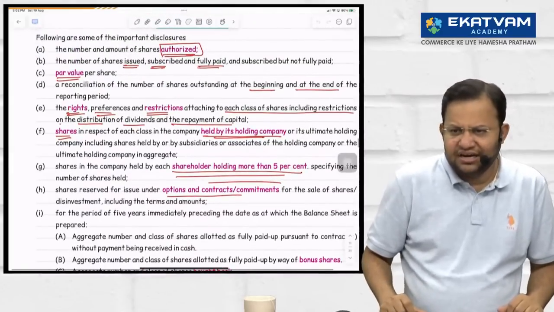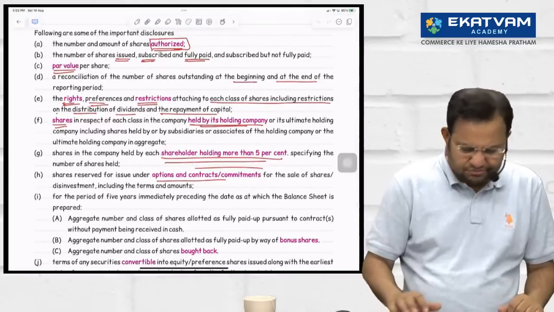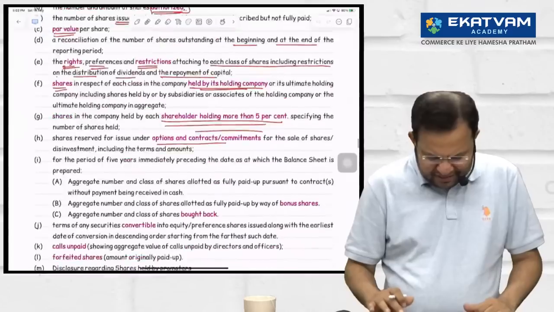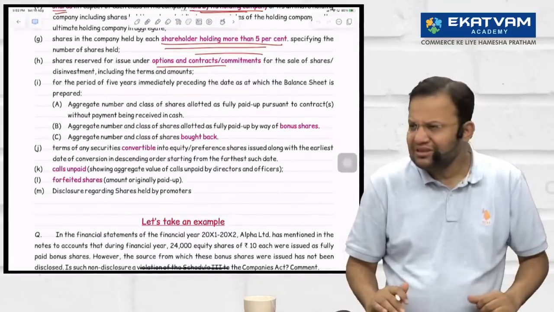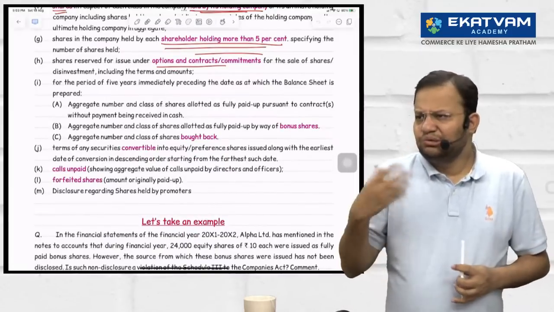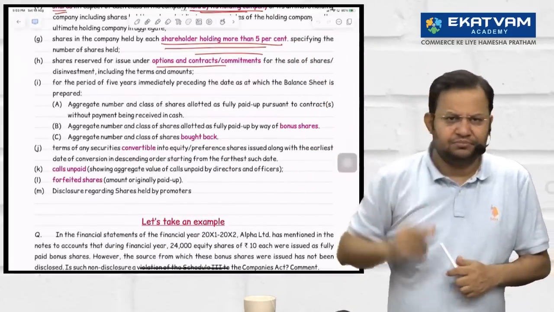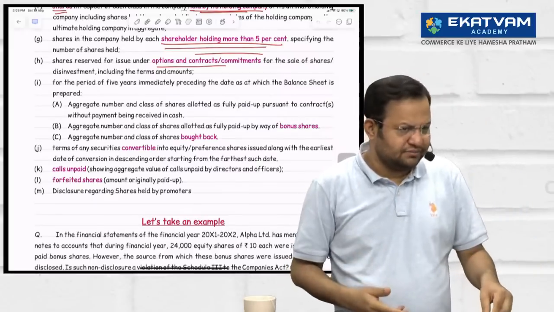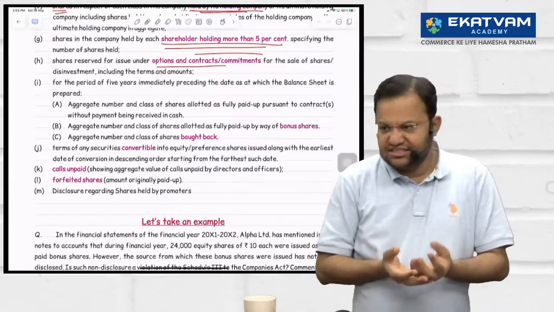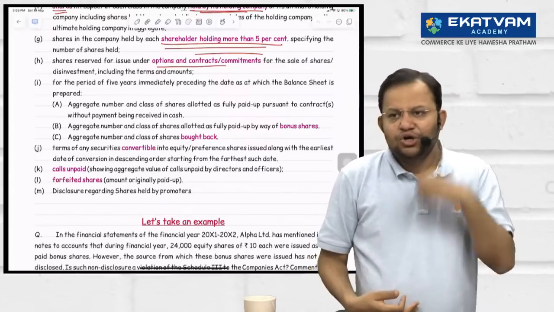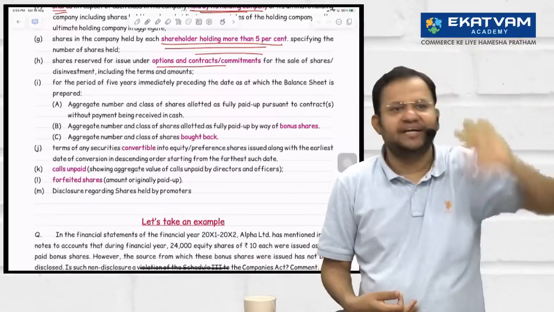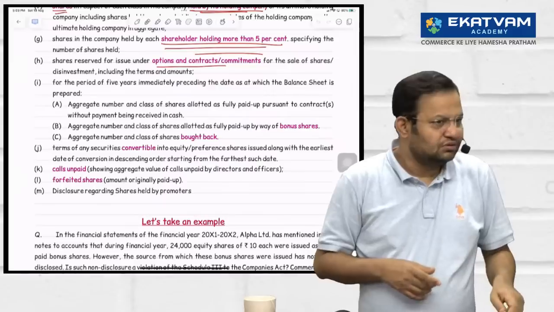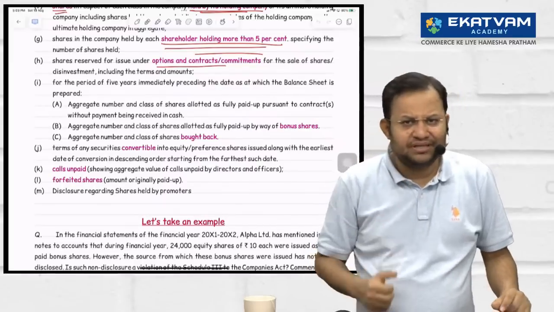Share capital के अंदर के disclosures हमने कल कुछ discuss किए थे. So you have to show the breakup of authorized capital, issued capital, and so on. If you are agreed to issue the shares in future under an options contract, option is a choice given to a person to buy shares at a future date. So like employees को आप option दे सकते हो, जैसे मैंने परसों costing में एक example दिया था.